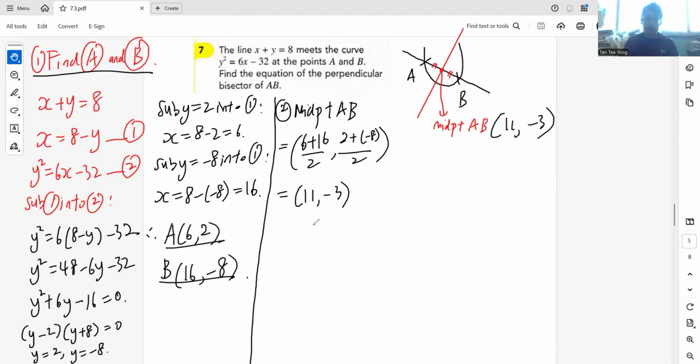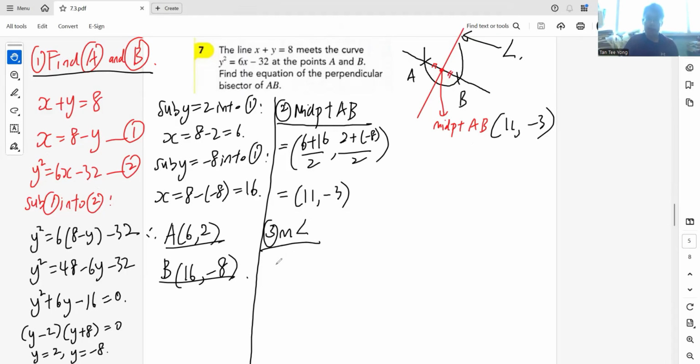Then the third part, you need to find the gradient of the perpendicular bisector. I'll label this red line as L also. So number 3, I need to find the gradient of L. Number 2 and number 3 are all pointers.